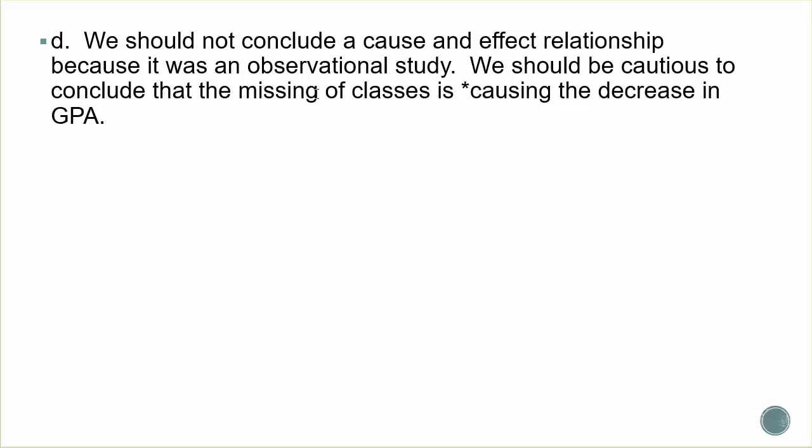But it's far more likely that there's some other factor that's causing both. That something that causes students to miss class also causes them to have slightly lower GPAs, not the other way around. And so in this case, you just want to be careful about that. It doesn't mean that there's no connection. It just means that we're not establishing a cause and effect.